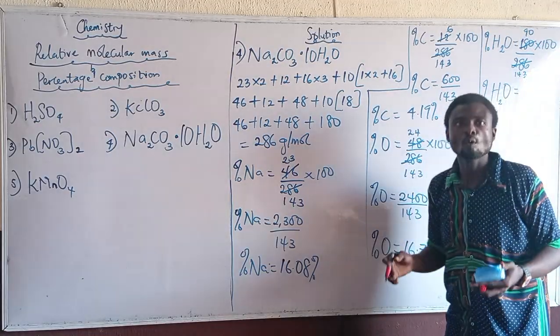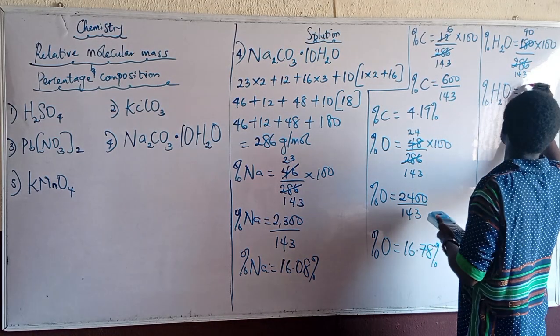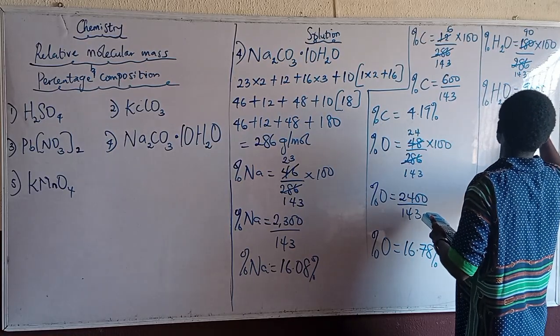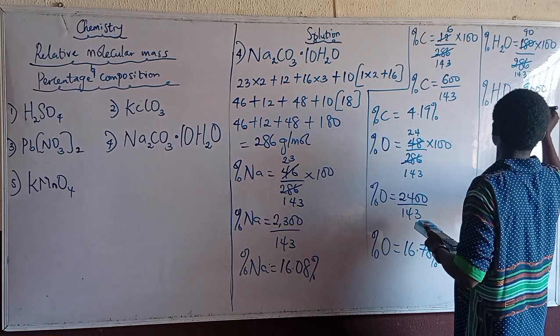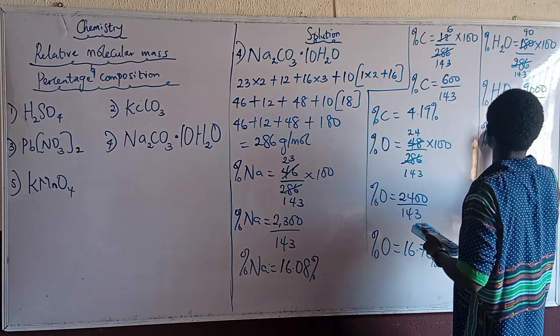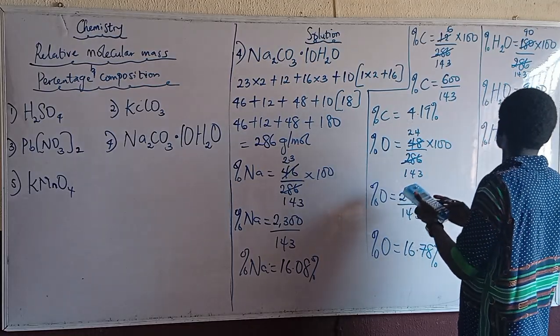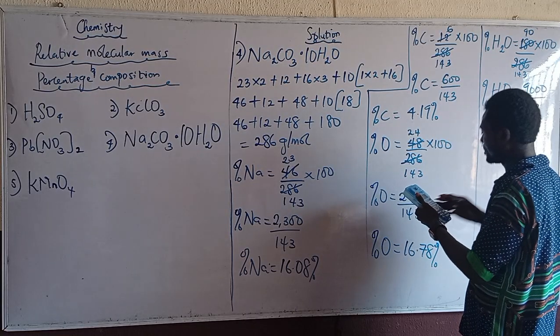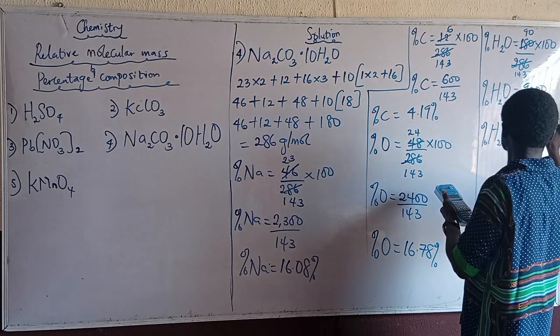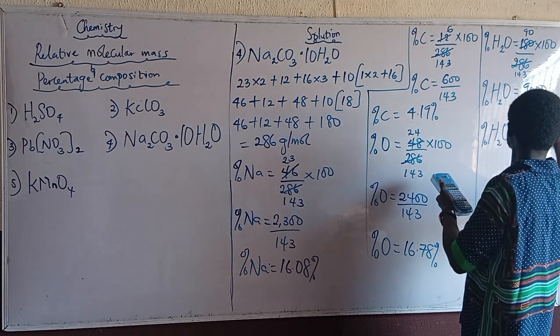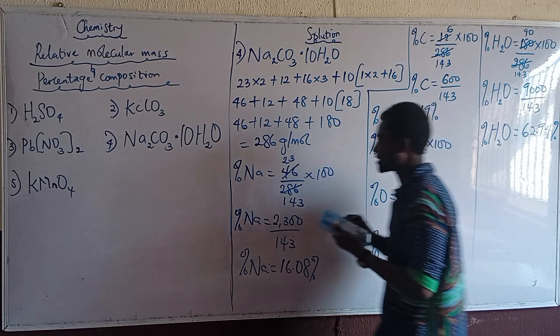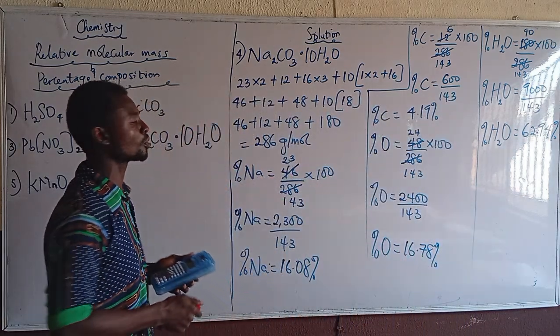So 90 multiplied by 100 is 9,000 divided by 143. That is 62.94%.